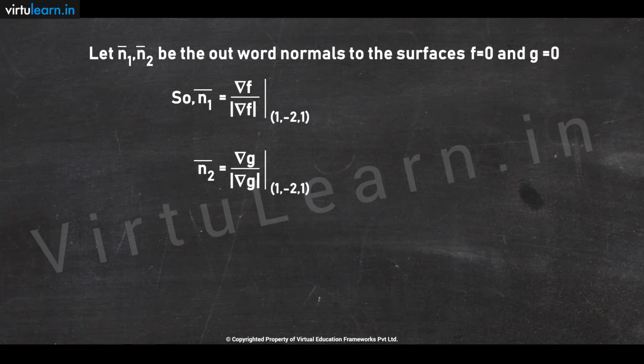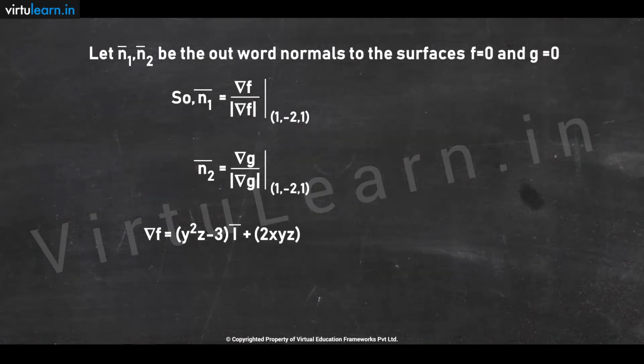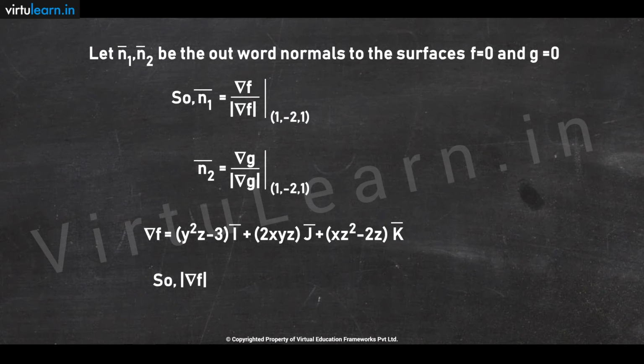Let us initially find gradient of F. It is y square z minus 3 into i bar plus 2xyz into j bar plus xy square minus 2z into k bar. Substituting for xyz the values 1, minus 2, 1, we get i bar minus 4j bar plus 2k bar.